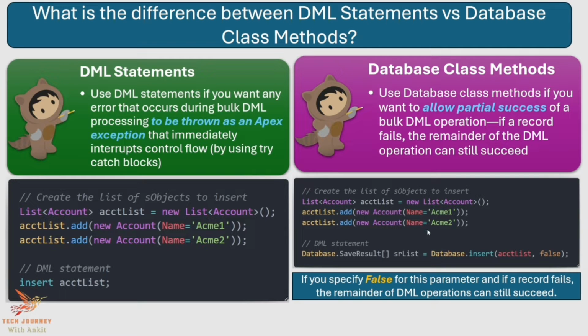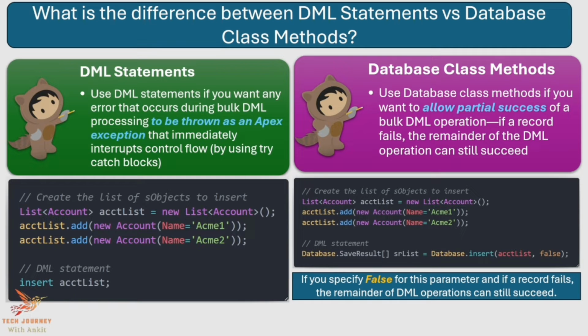Now here again, I am performing the operation on the same accounts. Assume that one of the accounts is a bad account, but I want the bad account to be ignored and the good account record to progress. Then what I will do is use the database class method, with database.insert, and here I am using the account list on which I need to perform the operation.